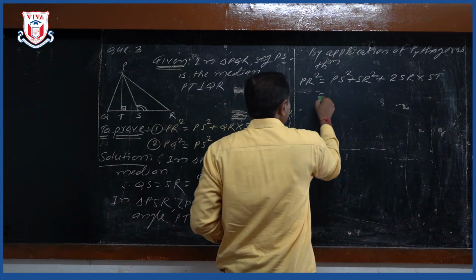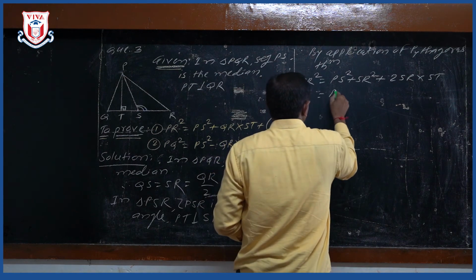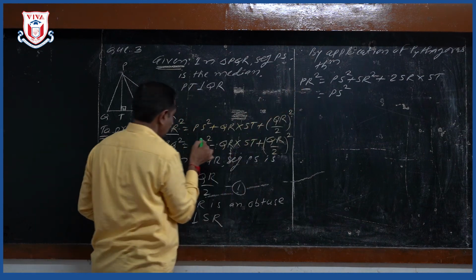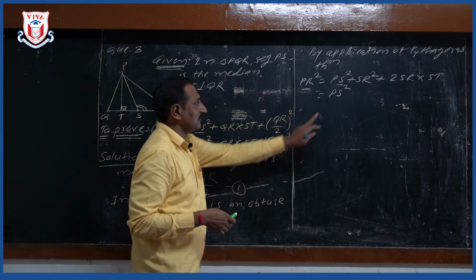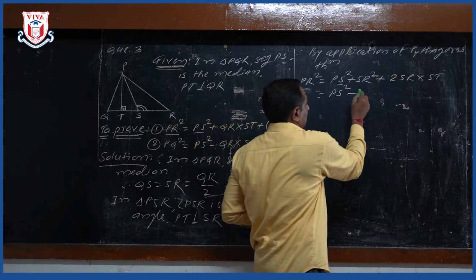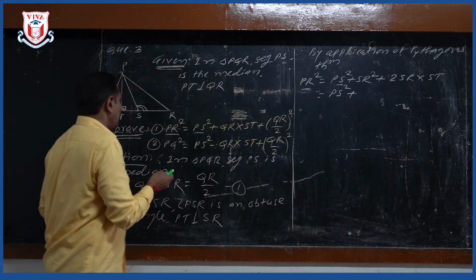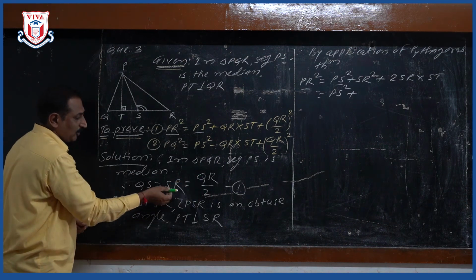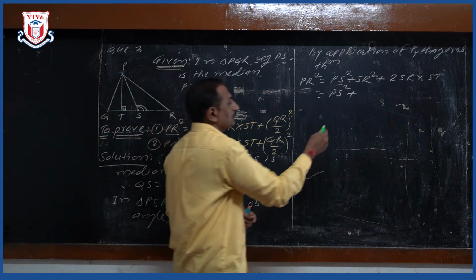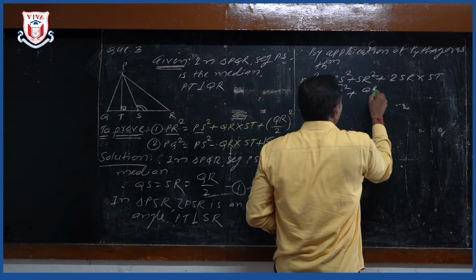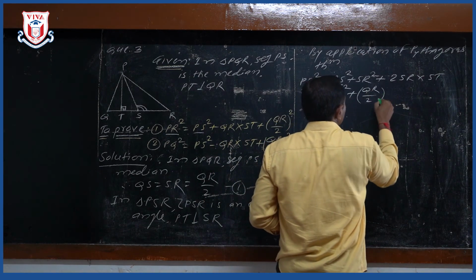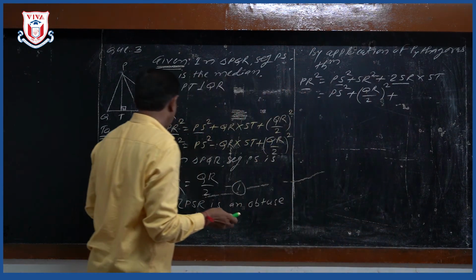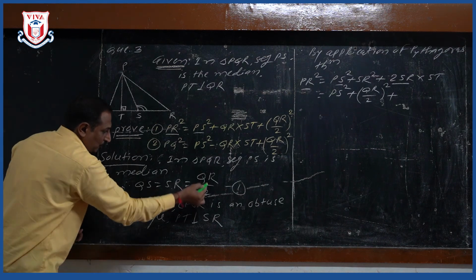Now, this is equal to, I write PS square as it is, plus SR square. Where is the SR? This SR is equal to QR by 2. Means instead of SR, I substitute here QR by 2 bracket square plus this 2 SR. Here SR is equal to QR by 2.